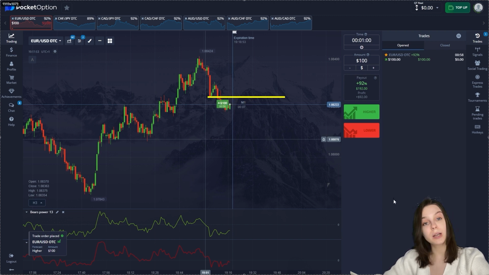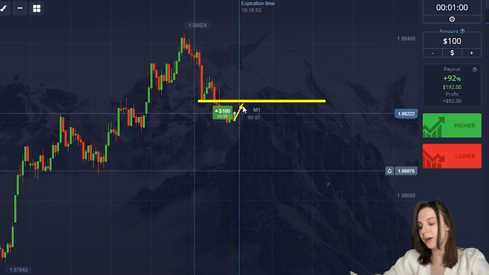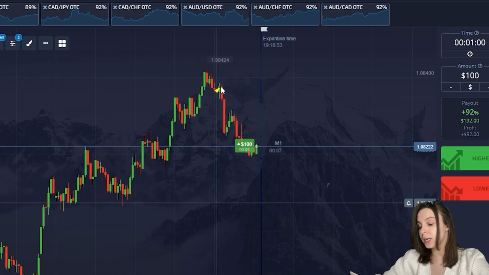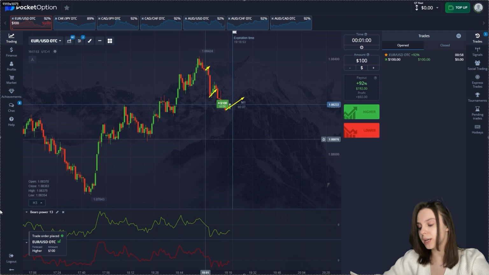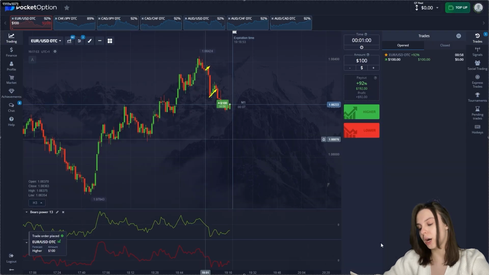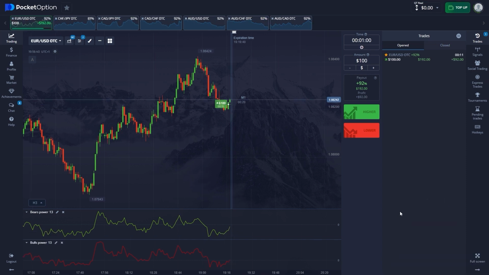It would be a risky trade if we had already reached this zone, because a reversal would be possible there. Then we look at our indicators. Bears power is directed to the upper position and bulls power is falling a little, but this is due to the previous drawdown. The general trend is upward.